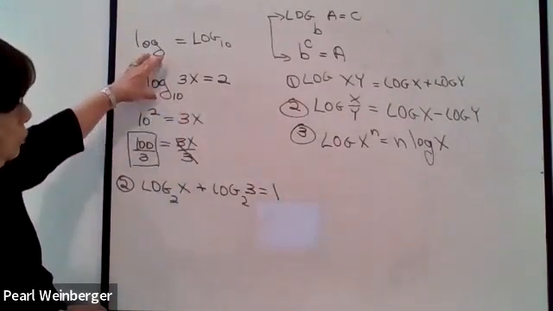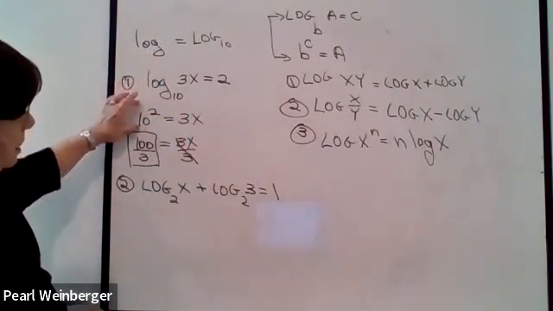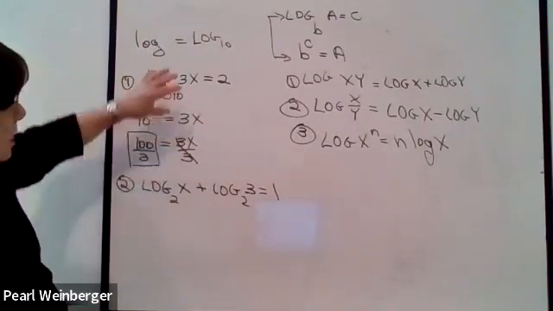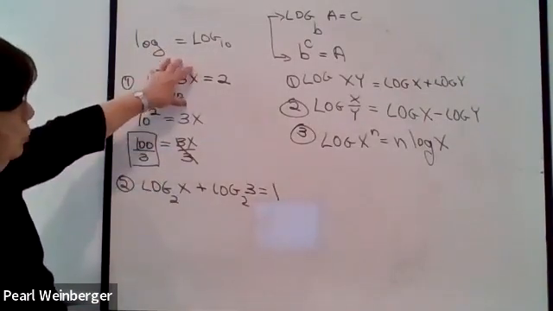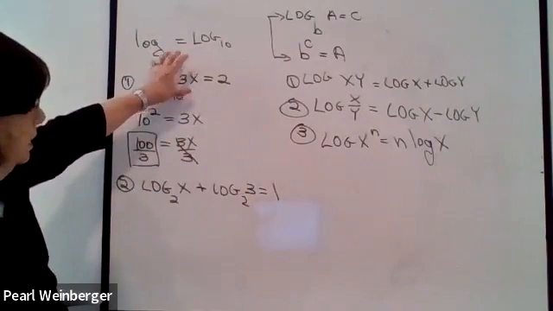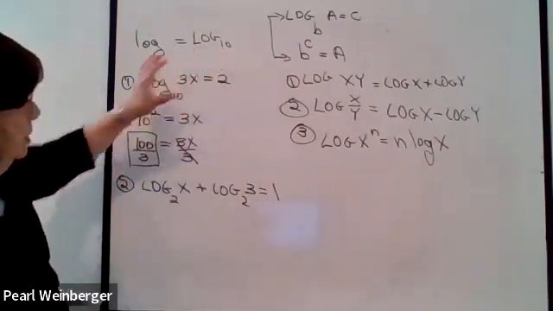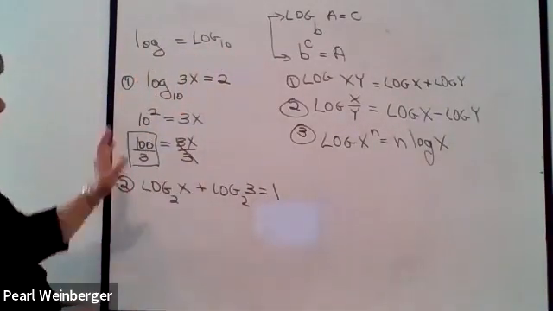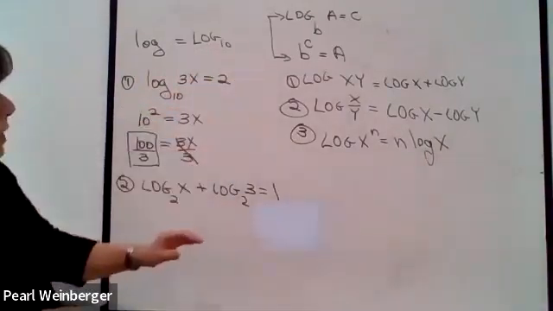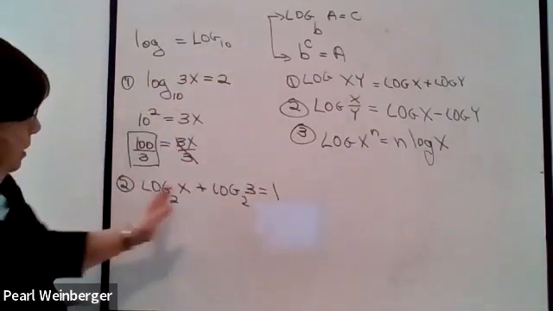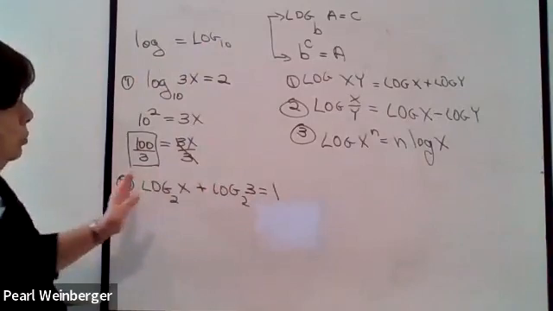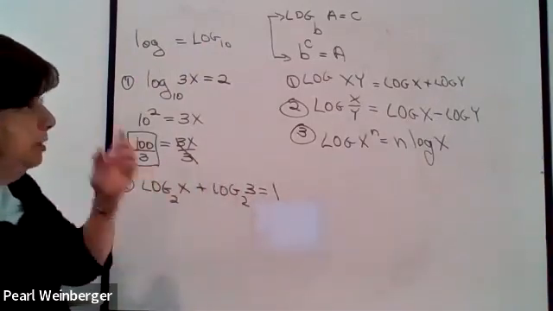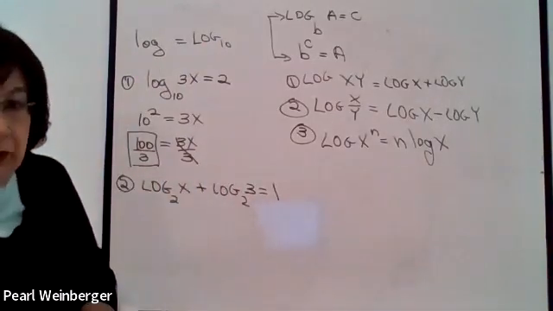The rule of switching from log format to exponential format depends on you having the word log on one side and a number on the other side. You can't have 2 logs. If you have 2 numbers, you'd have to combine them. But here we have 2 logs, so we want to combine these 2 logs into a single log as well.